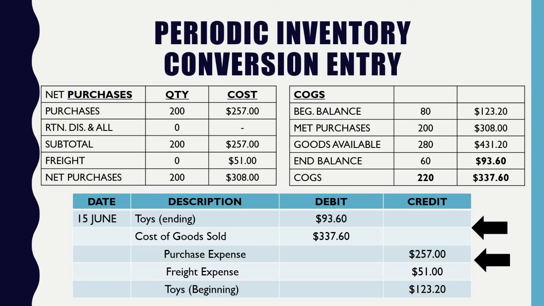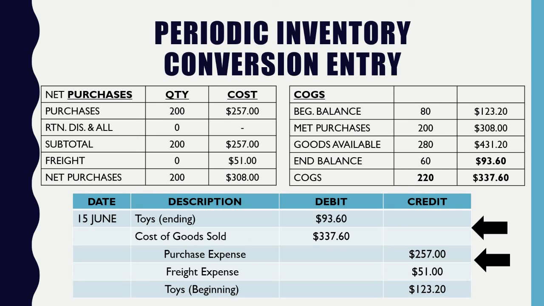So how do we get rid of inventory? You're going to credit it, and that's what I did right here. I credited my beginning balance of 123.20, and then entered the ending balance into the inventory.